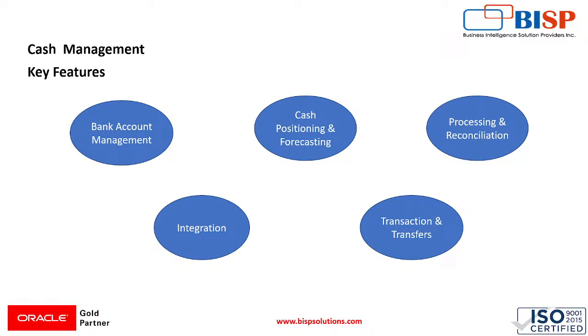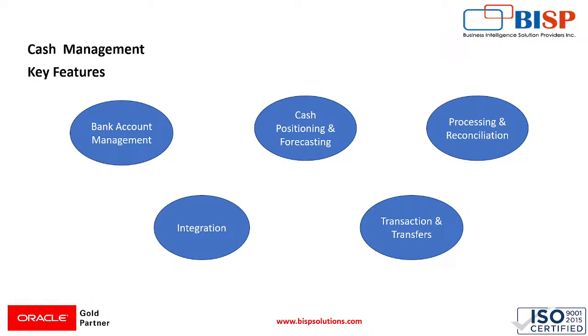Then we have processing and reconciliation. This is the core of cash management, where we can reconcile and process bank statements. It means that with some formats, we can automatically import the bank statements into the application, and then reconcile them with the transaction lines that we have already done in the AP and AR modules, or the fixed assets.